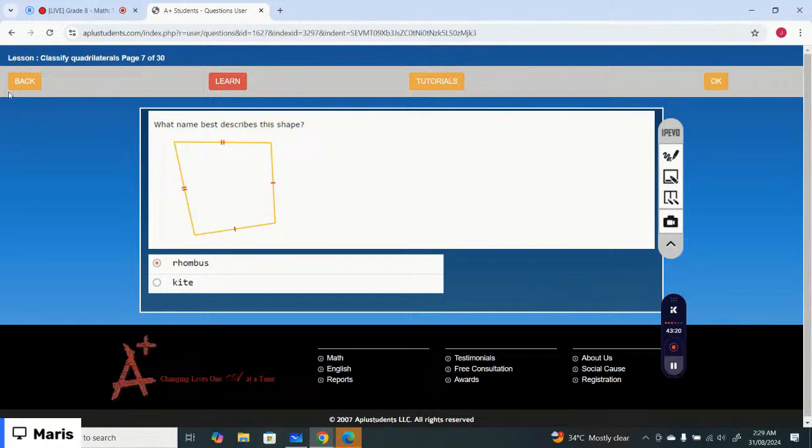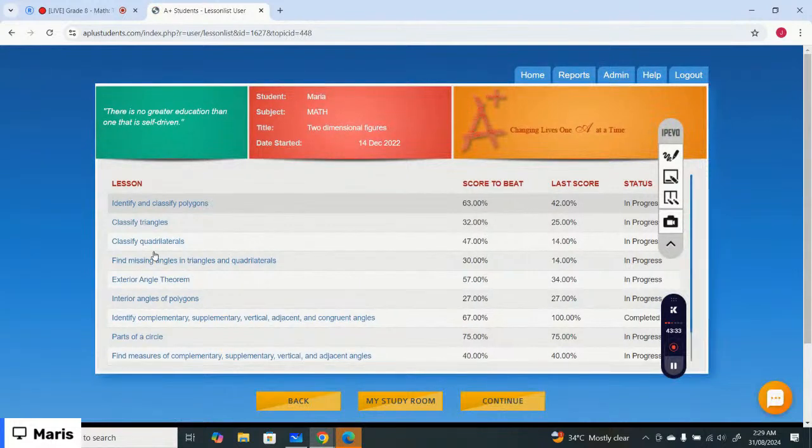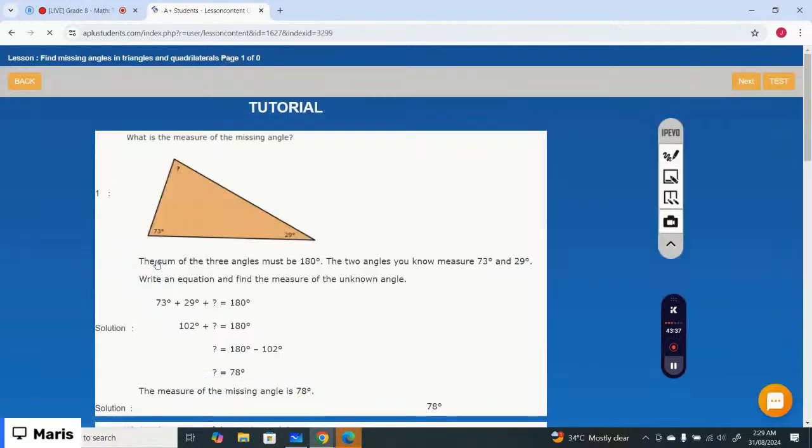Okay, you can complete the lesson by yourself later today. Let me just move on to the next lesson, and the next lesson is for missing angles in rectangle and quadrilateral.